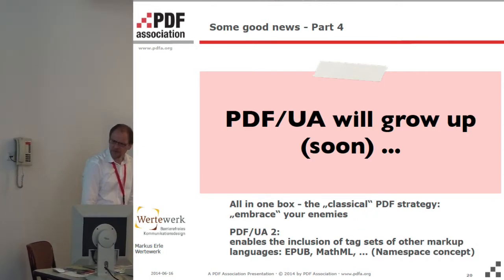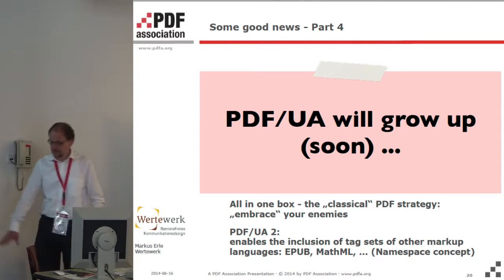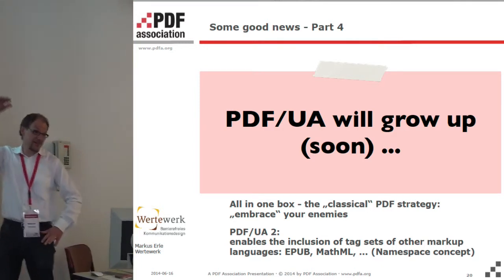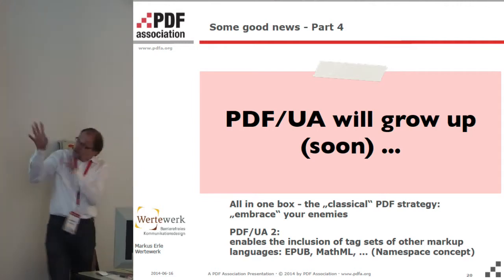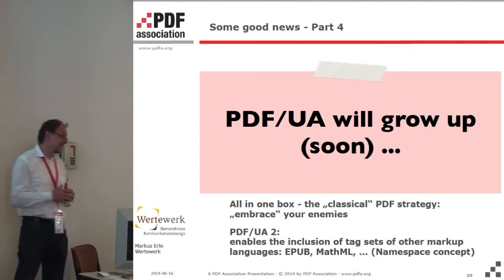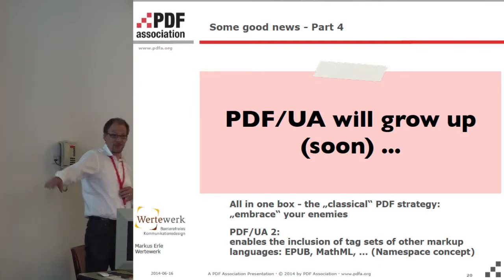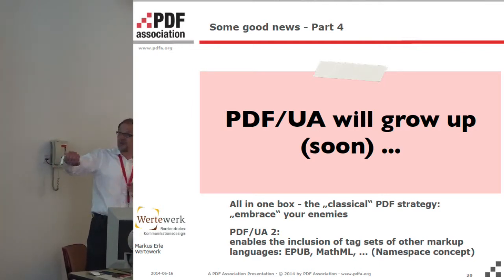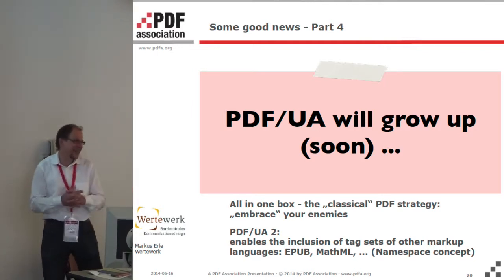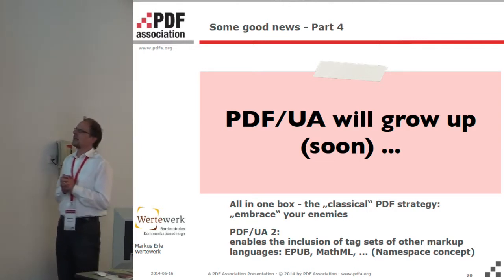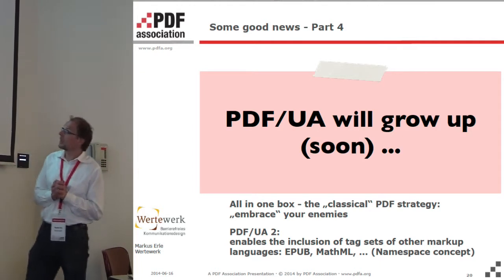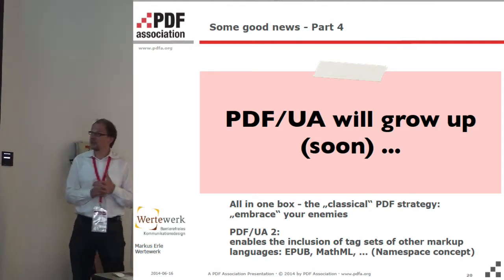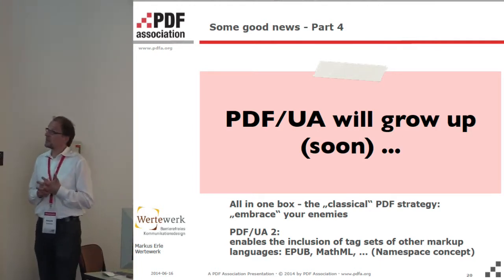So the next point is PDF UA will grow up. The little boy, 2 years, will become bigger, and soon, in brackets, because I don't know exactly if he will be 6 years or 8 years or 4 years old, then this will happen. And in PDF UA 2, there will be a very nice feature, the namespace concept.